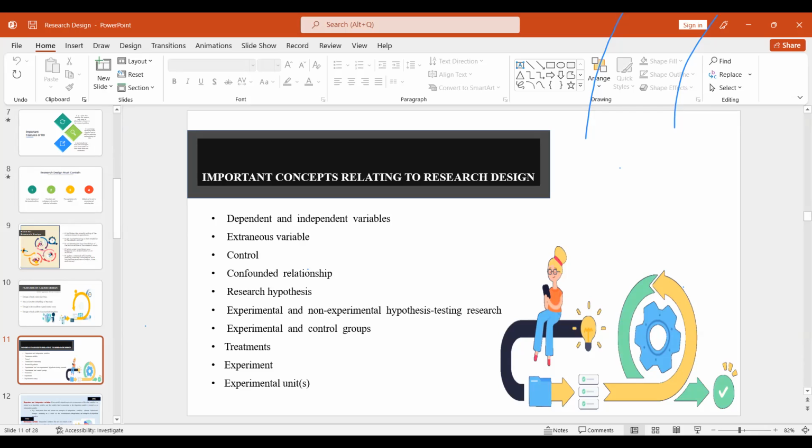For example, in building design, it is difficult to control or see the influence of such types of variables. The fourth is a confounded relationship. When the dependent variable is not free from the influence of an extraneous variable, the relationship between the dependent and independent variable is said to be confounded by an extraneous variable.